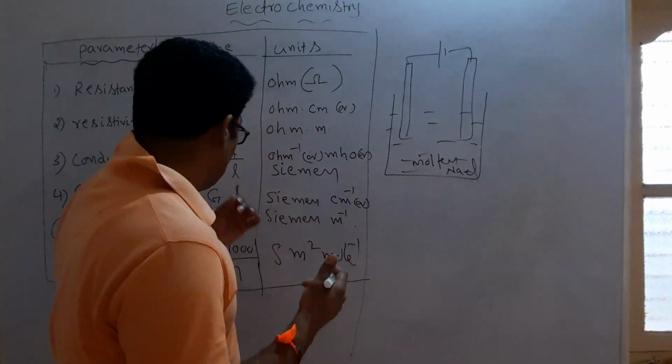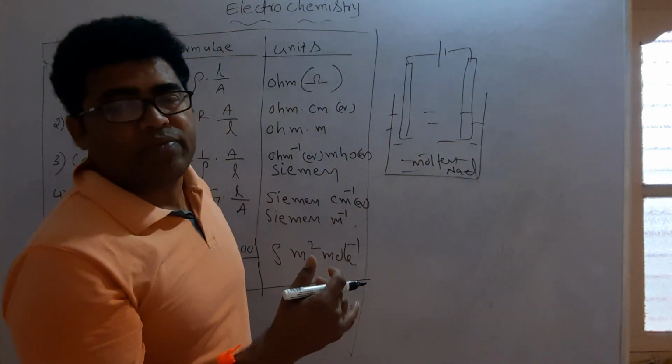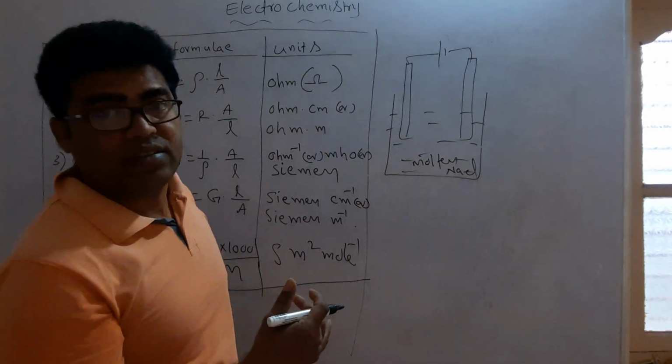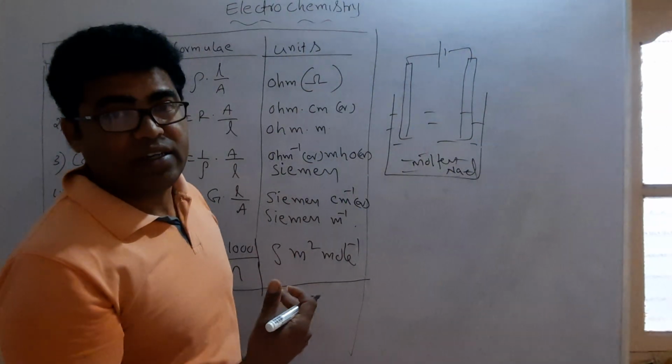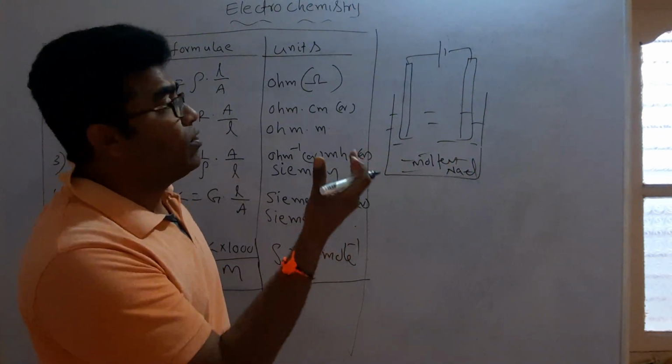Now, here you observe that every substance will allow electricity, but at the same time it has some opposing tendency to that electricity.